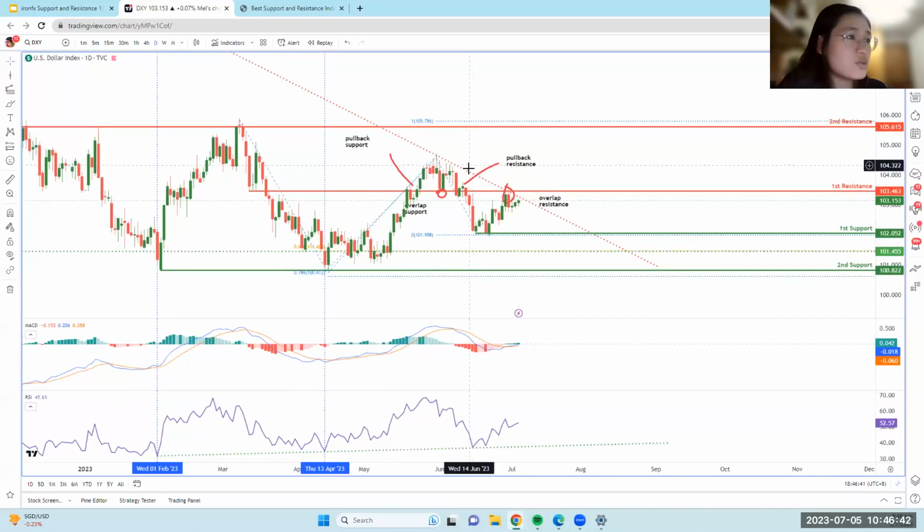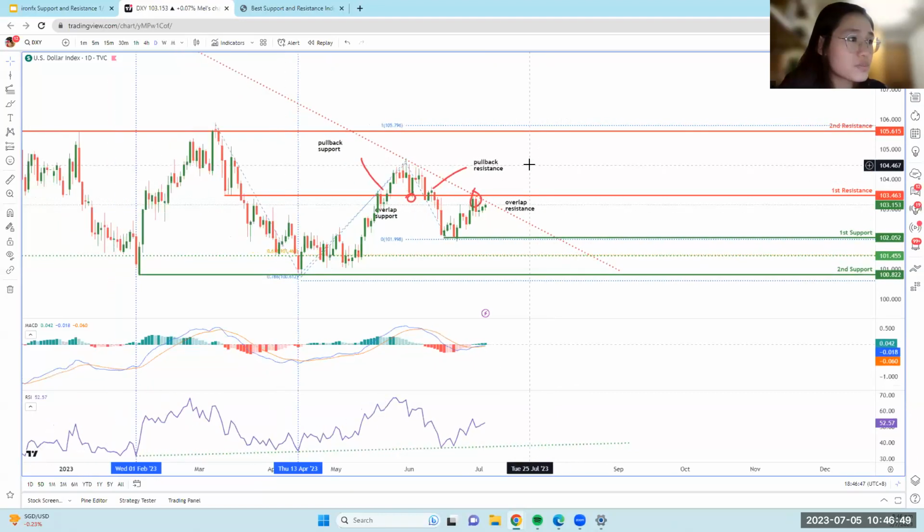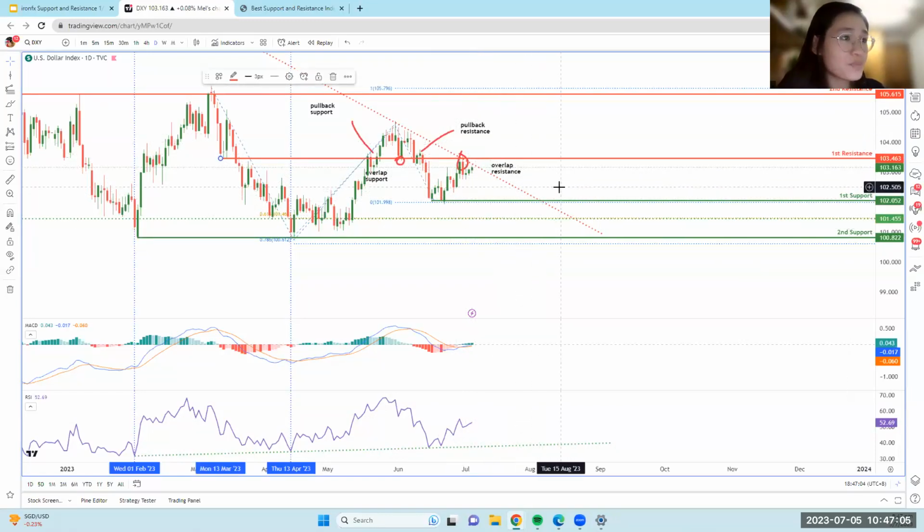And it's not likely to continue upwards. Okay, in fact, it's likely to maybe hit our first resistance and continue downwards instead. So these bullish signals are likely showing us that it's only going to head up towards our first resistance before continuing downwards.